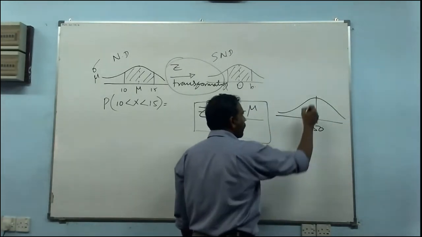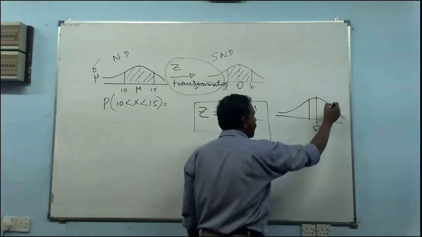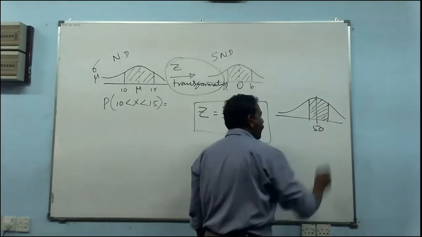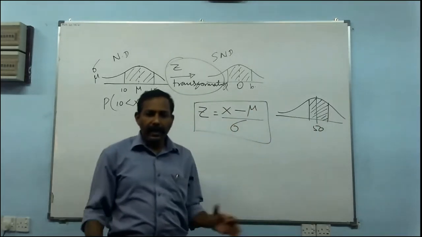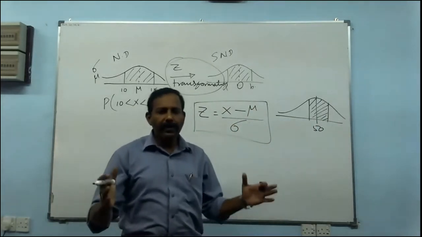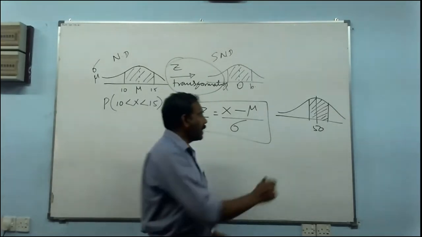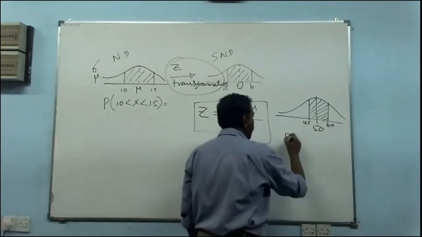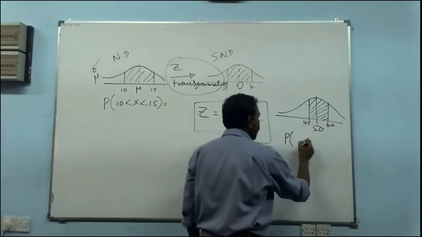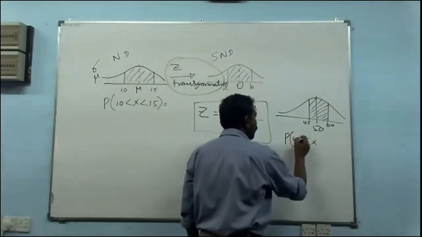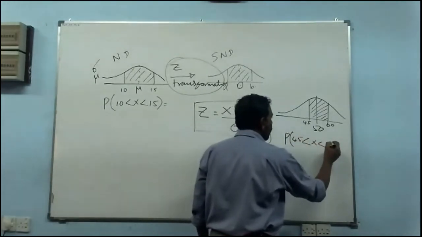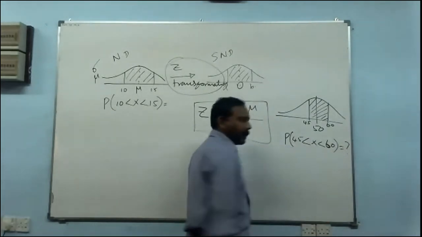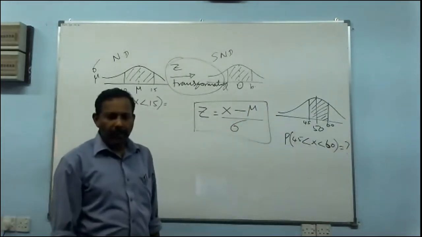Let's say this is 45, this is 60. What is the probability of making a computer within 45 to 60 minutes? Find the probability of X between 45 and 60. So that is the question.